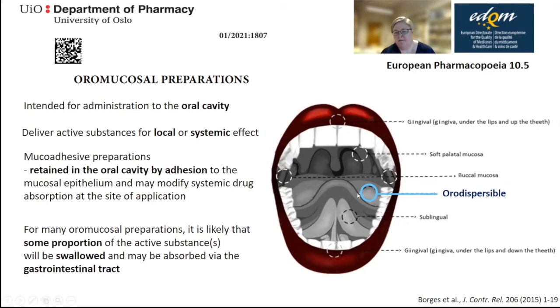But the message is oral dispersible systems are supposed to fall apart and be soft and can easily be swallowed after a short period of time. Then both the buccal mucosa and the sublingual mucosa are often used for transmucosal delivery as well.